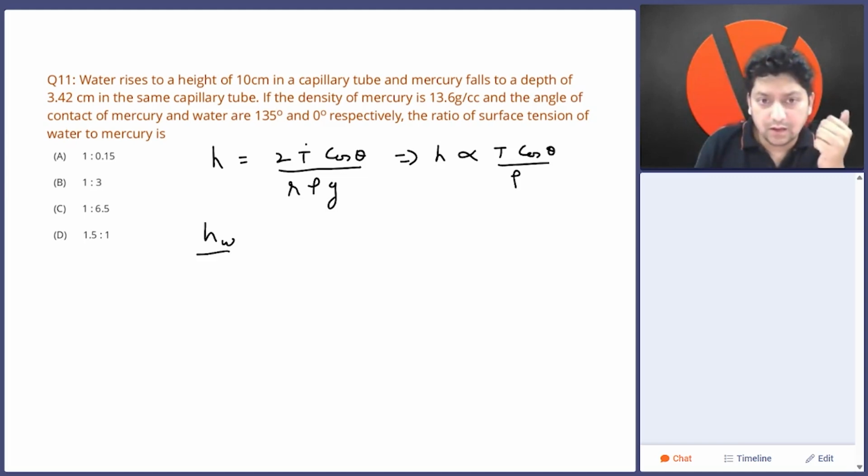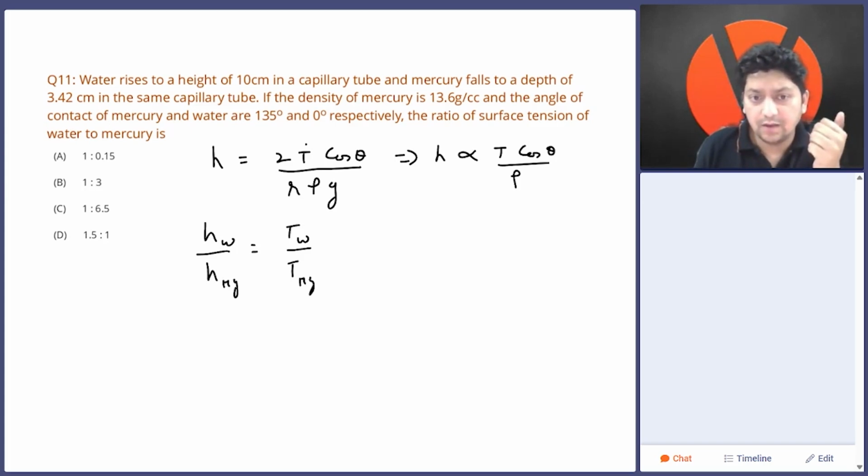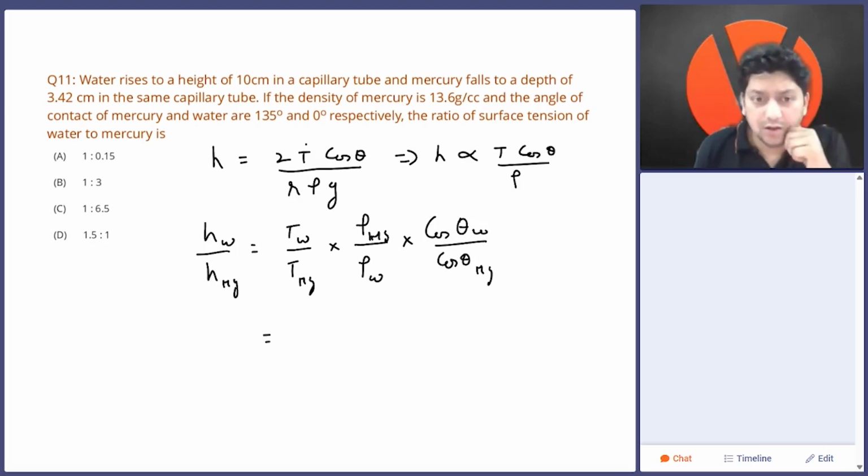So height for water and height for mercury equals surface tension for water by surface tension for mercury, into density of mercury and density of water, into cos theta for water and cos theta for mercury, right? Just put the values.